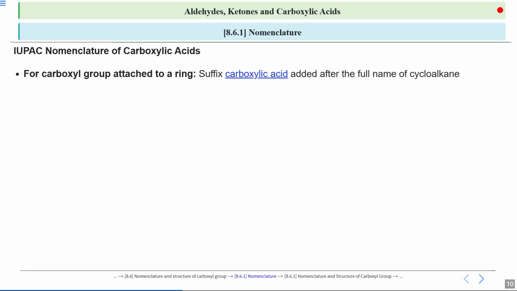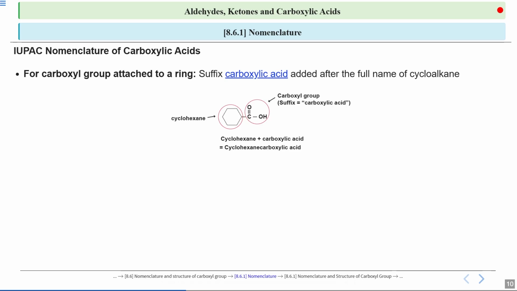Now for a carboxyl group attached to a ring, the suffix carboxylic acid is added after the full name of the cycloalkane. So if the carboxyl group is attached to a ring, first we write the full name of the cycloalkane, and then we use the suffix carboxylic acid.